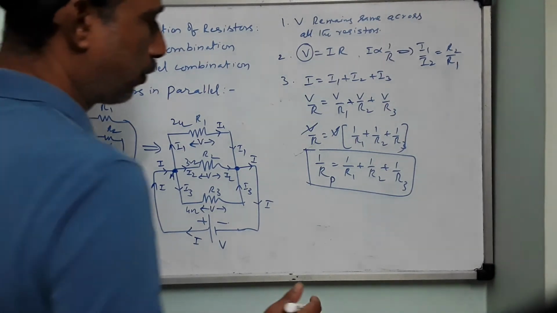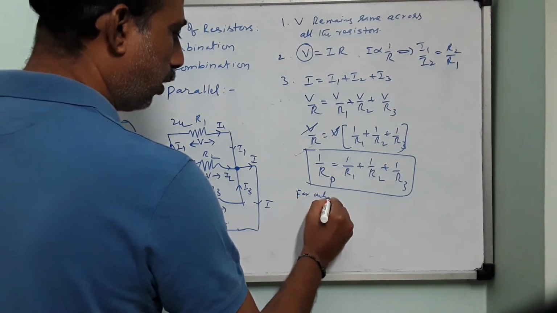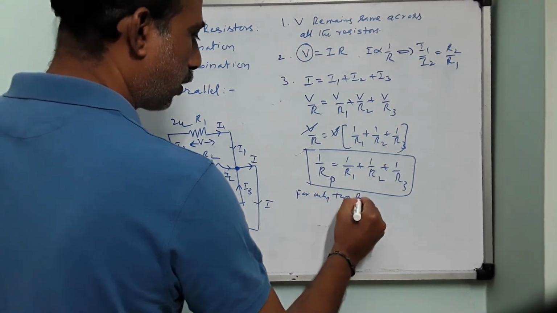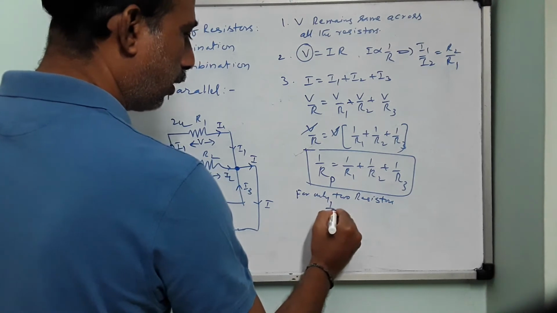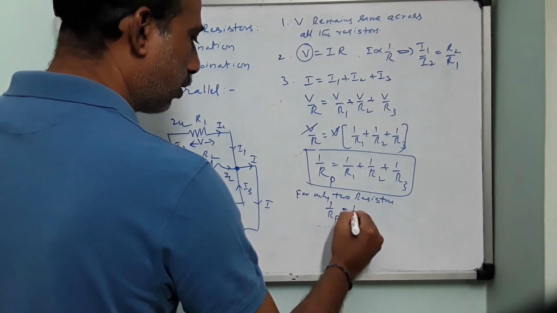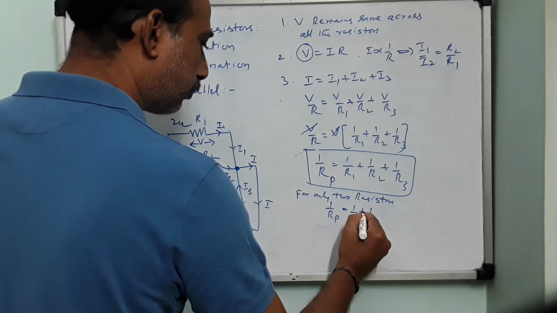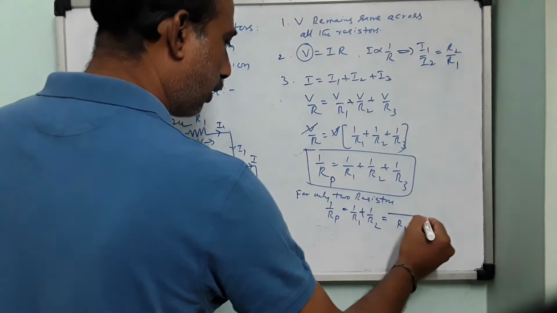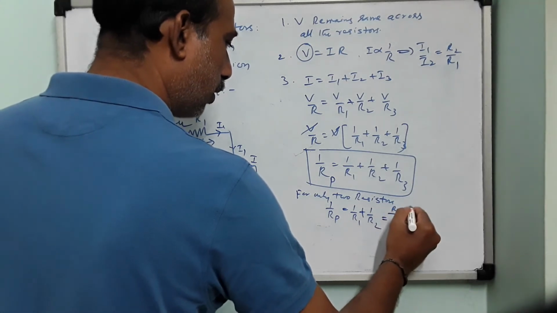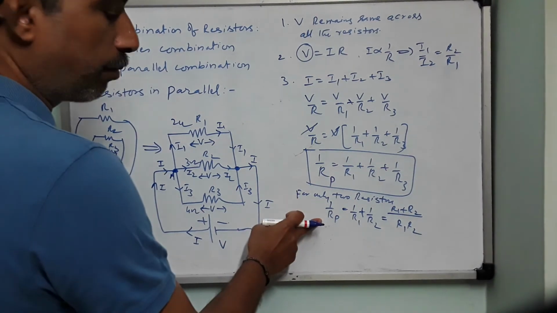Okay. Suppose you have only 2 resistors. For only 2 resistors, you can write 1 by R parallel equals 1 by R1 plus 1 by R2. So R1 R2 is the LCM, and in the numerator you will get R1 plus R2. Remember children, whenever you solve the circuit, you are not solving for 1 by RP.